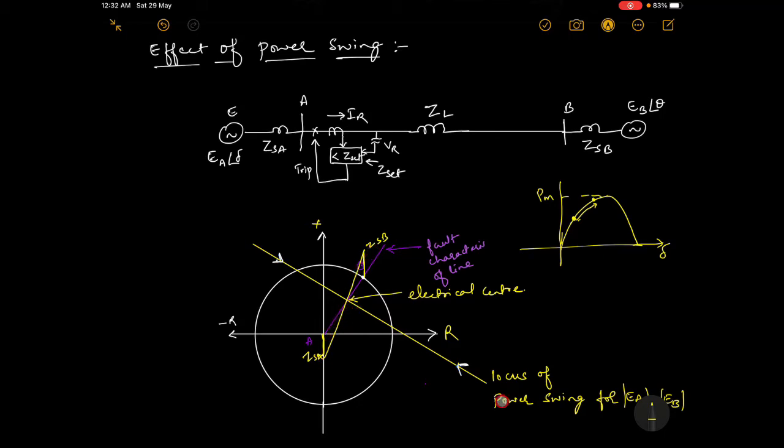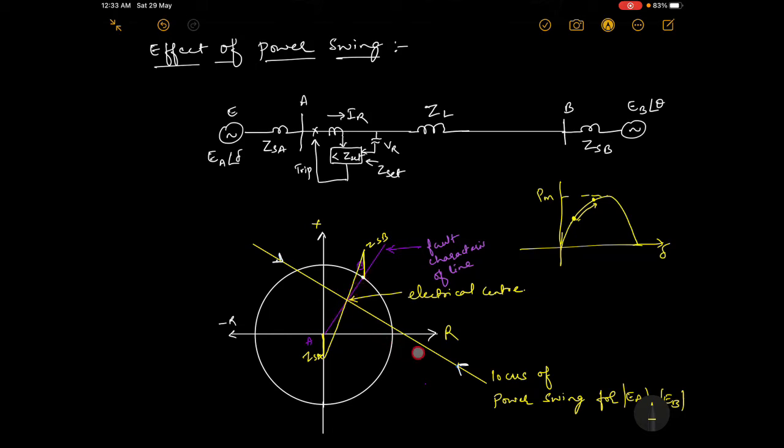Yes, so this variation due to power swing will come in contact with your transmission line impedance. See, this is the impedance line. Impedance line means the length AB has some impedance, so this impedance depends on the length. This purple line is giving us the length, correct?